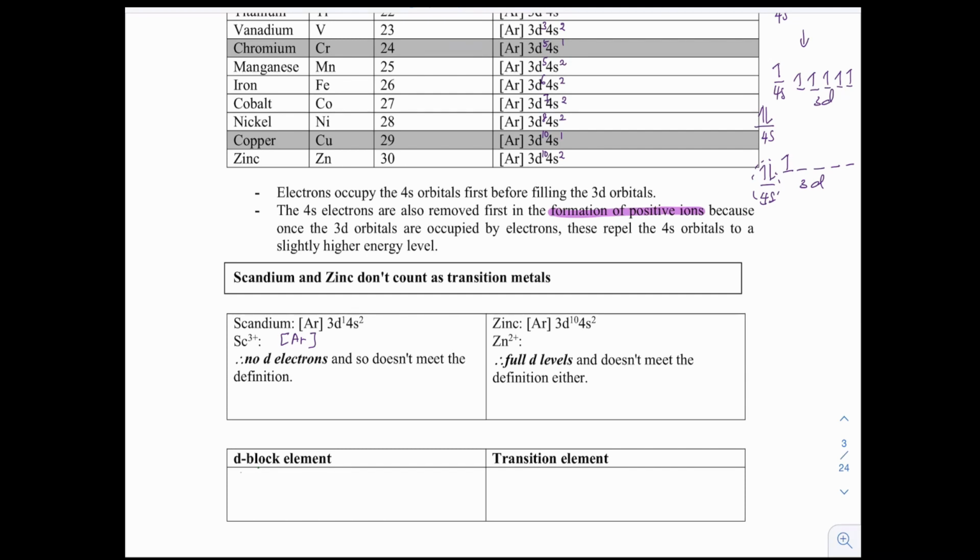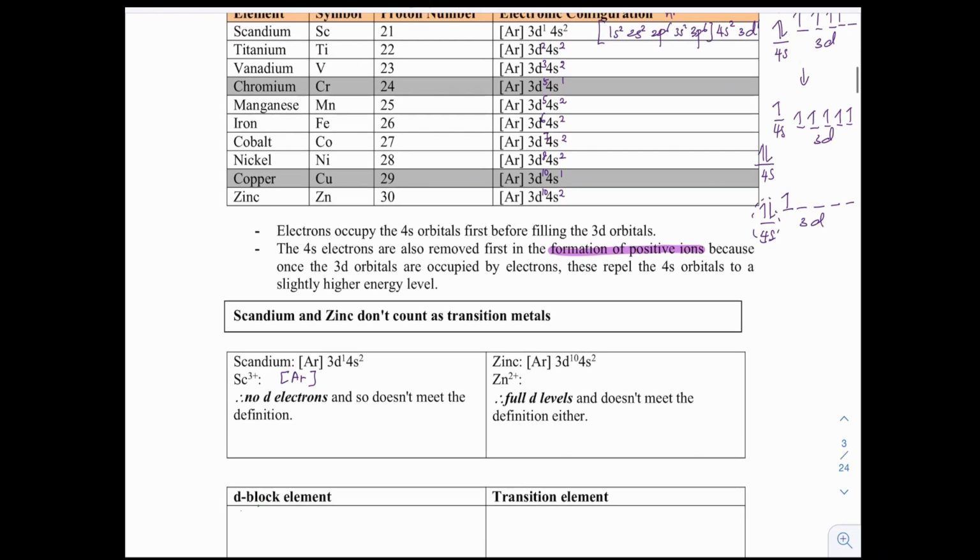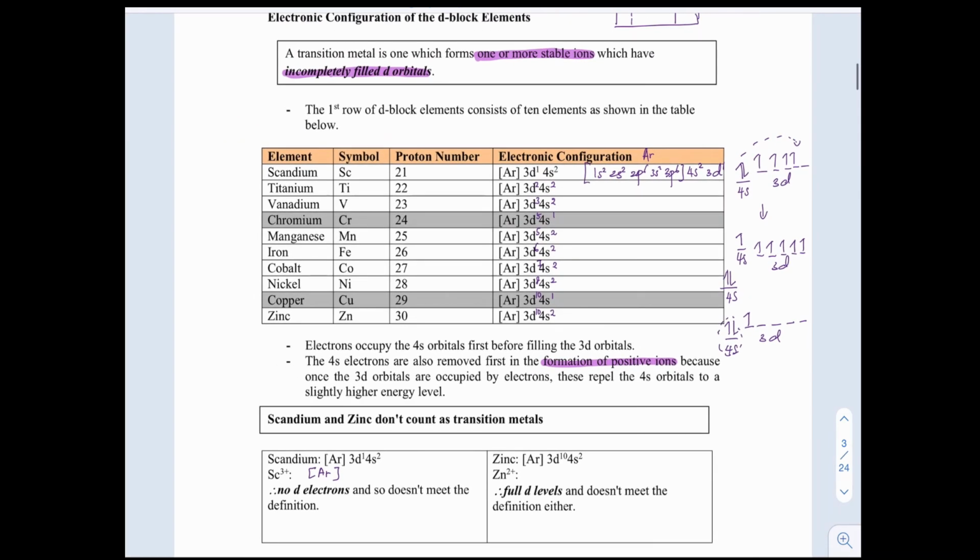Now, if you look at the configuration of argon, there are no d electrons, and so it doesn't meet the definition. If you look at the definition again, it says that in order to be called a transition metal, it must form a stable ion. Scandium forms a stable ion, and in this scandium ion's configuration, there are no d electrons at all.